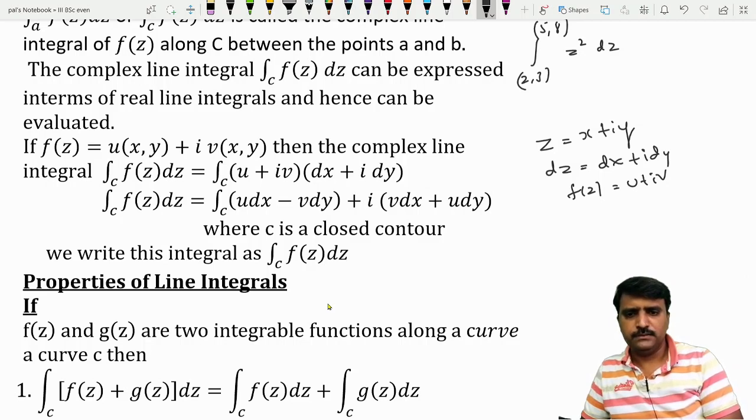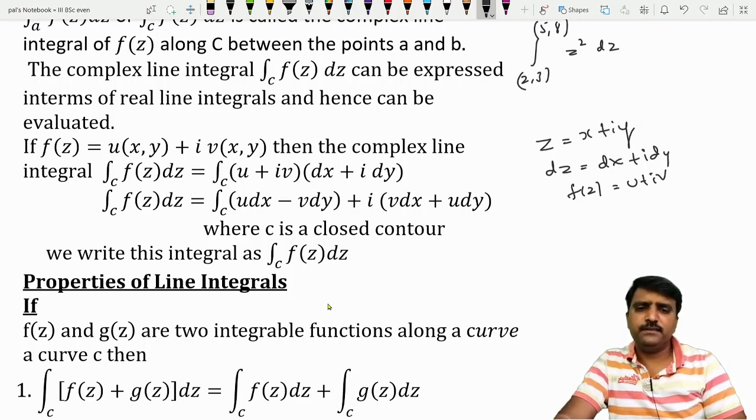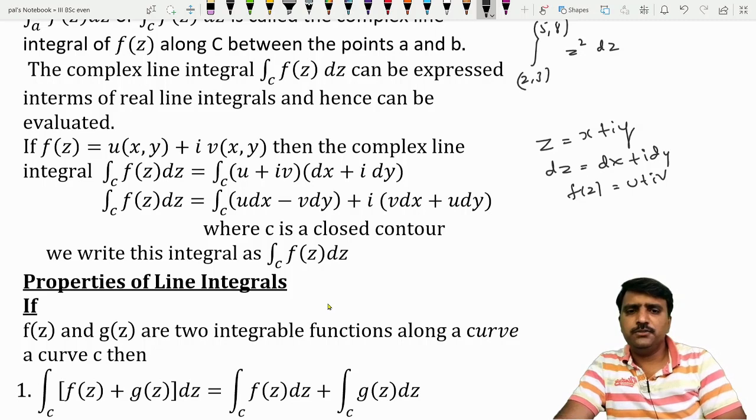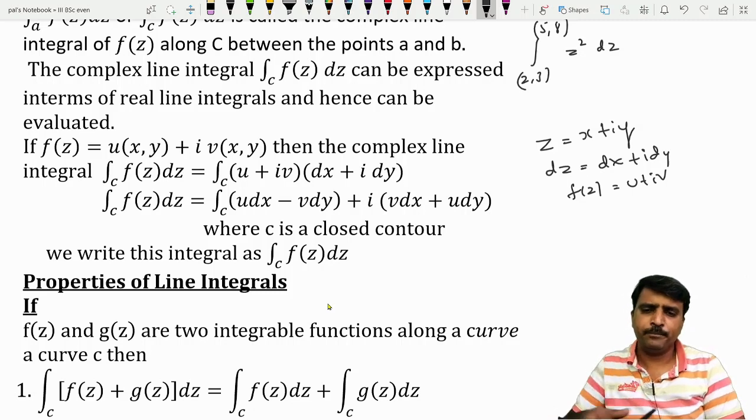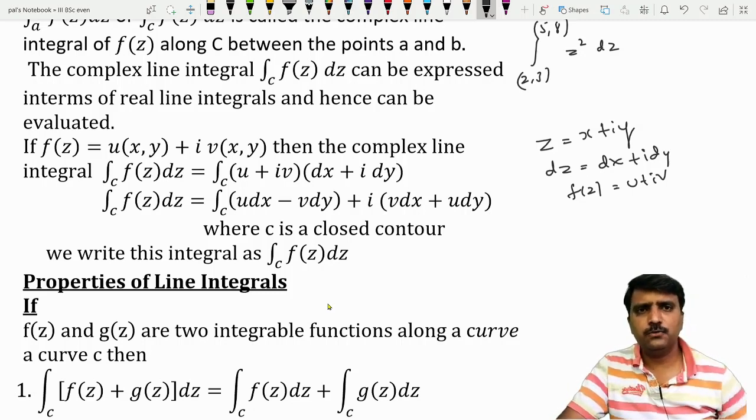So for that reason we write it as u plus iv into dx plus i dy. f of z into dz can be written like this. You multiply these two and simplify, and we get u dx minus v dy plus i into v dx plus u dy.